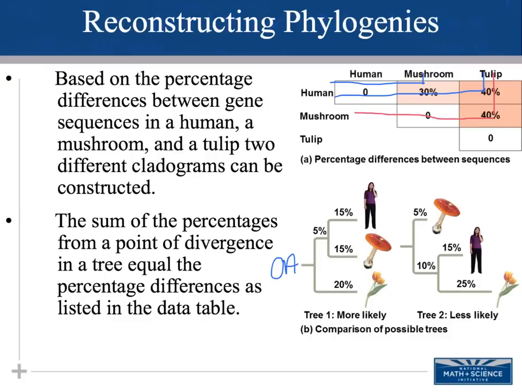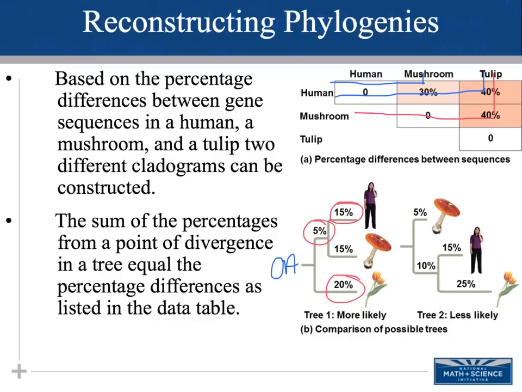We know that there's a 40% difference between the human and the tulip. Those numbers would come from the 15 here, and the 5 here, and the 20 here. So why do we now count the 5?